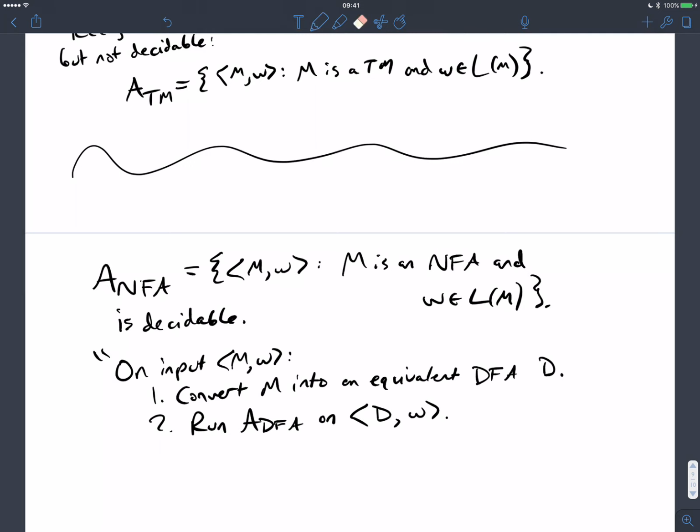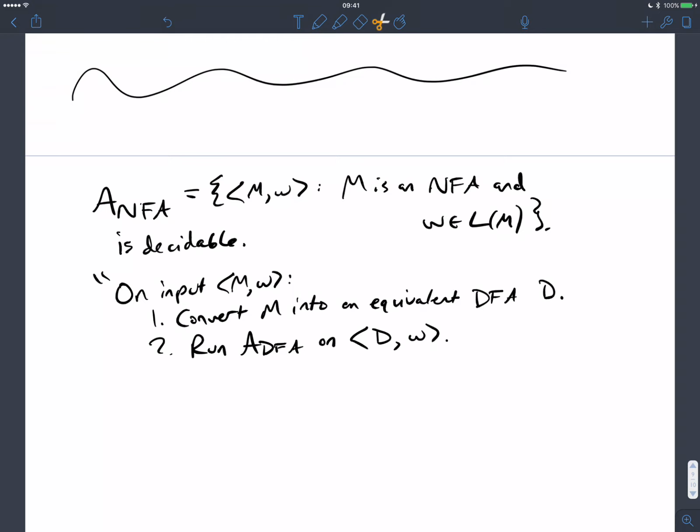Okay? One more thing, a decider is an input string that has an example, right? A decider is a Turing machine. A language is decidable. But a Turing machine may or may not be a decider. Nouns versus adjectives here.